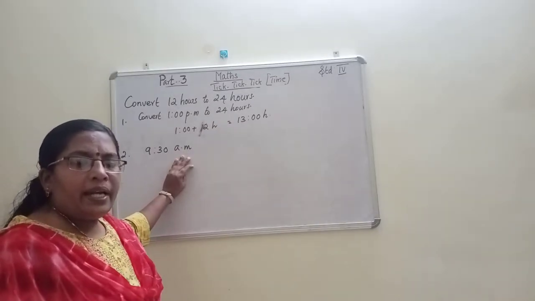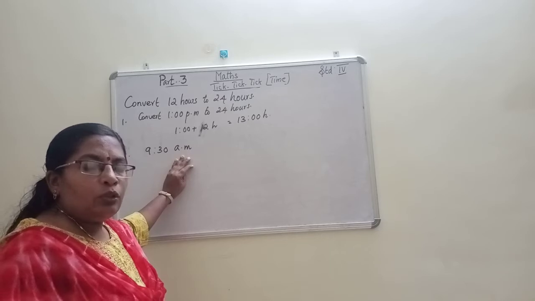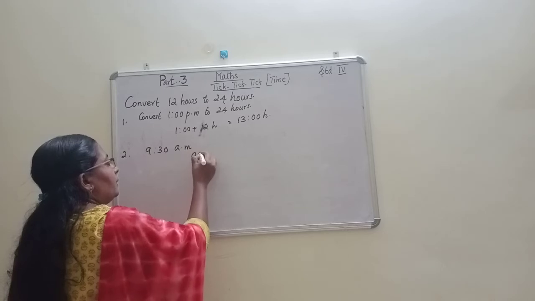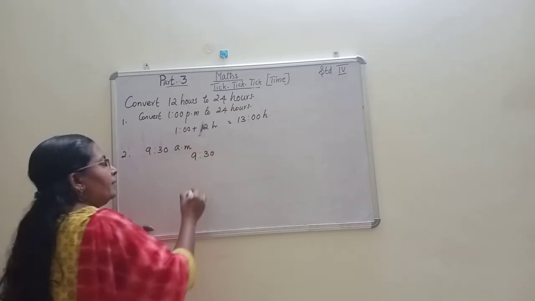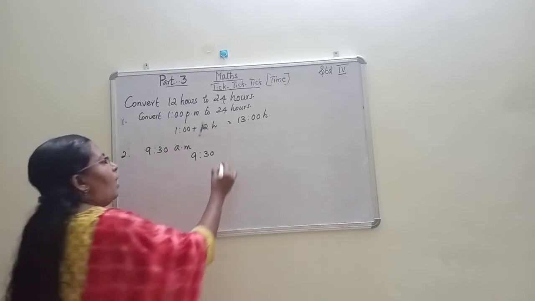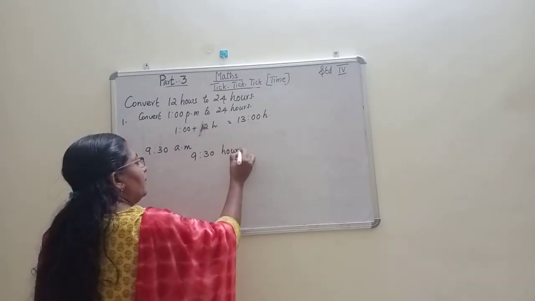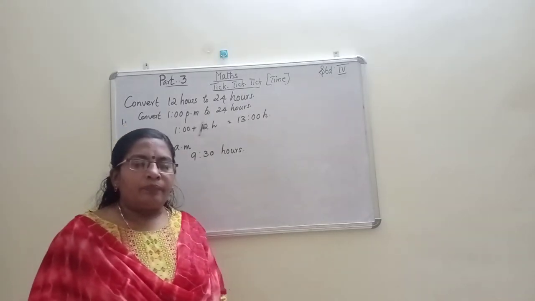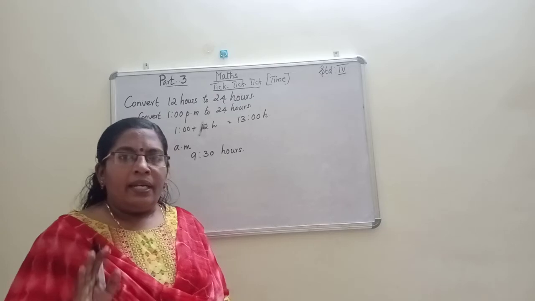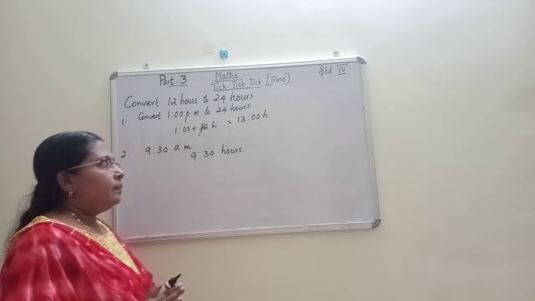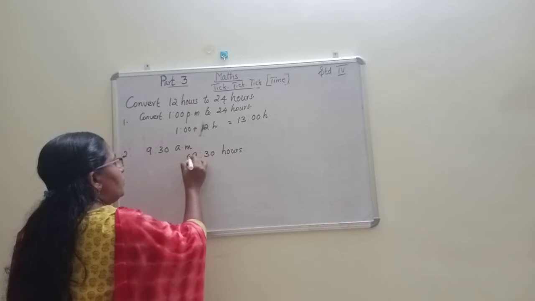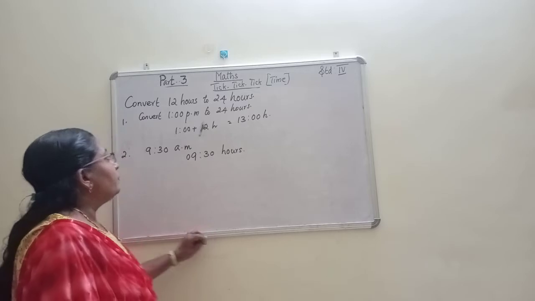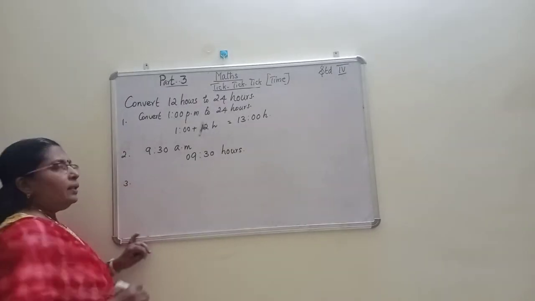How to mention 9:30 AM in 24-hour time? It shows 9:30 hours. Before that, we want to write one zero. 09:30 hours.